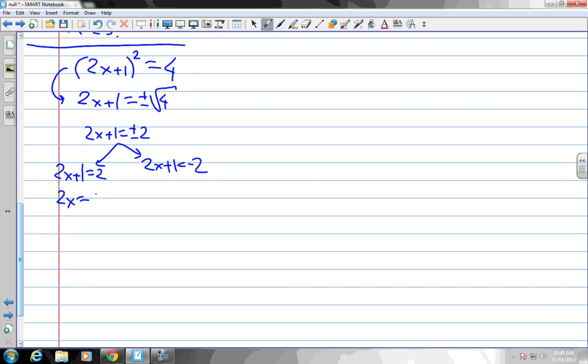So 2x equals 1, subtract 1 from both sides. So x equals 1/2. On the other end, subtract 1 from both sides. 2x equals negative 3. So x equals negative 3/2.